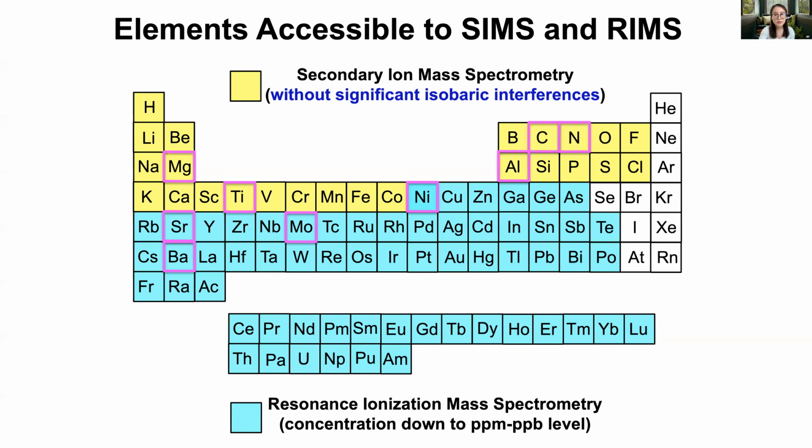Highlighted here is a list of elements that we will be looking at in the rest of this lecture. This includes both light elements and heavy elements, with isotopes measured by both SIMS and RIMS instruments.